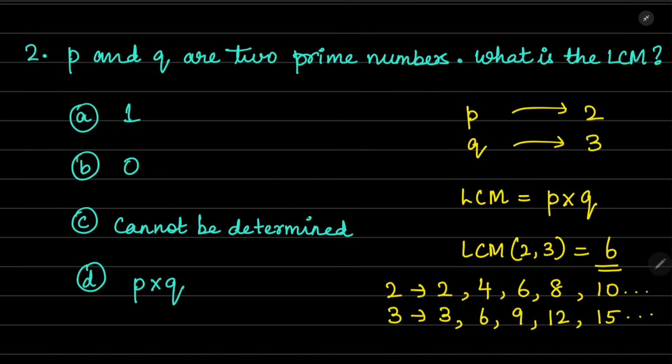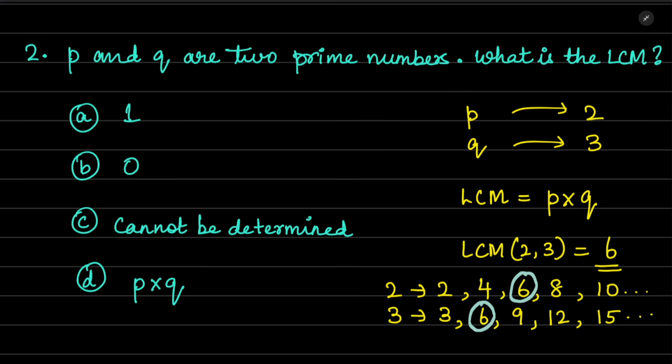Now, which is that common multiple that is the smallest, the lowest common multiple? How many are common here, first of all? See, 6 is common. If I write some more, I'll get more common multiples. But right now, you can find 6 is the lowest common multiple. So 6 is the smallest number that can get divided by both 2 and 3.